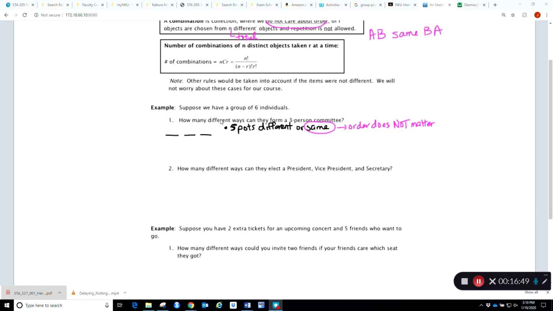Can I choose the same person more than once? No, I can't have a 3-person committee made up of Jackie, Jackie, Jackie. The same person can't serve all 3 roles. I do need 3 different people. So repetition is not allowed.